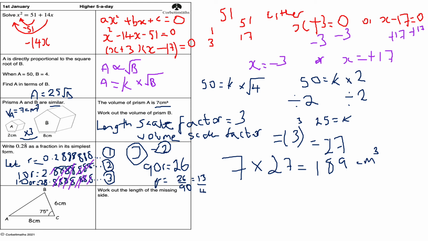And that is the fraction written in its simplest form. So that would be the answer for question number 4. Question 4 is looking at reoccurring decimals.